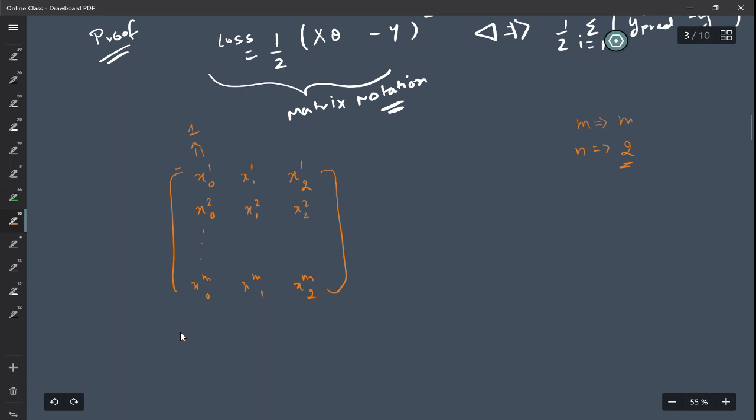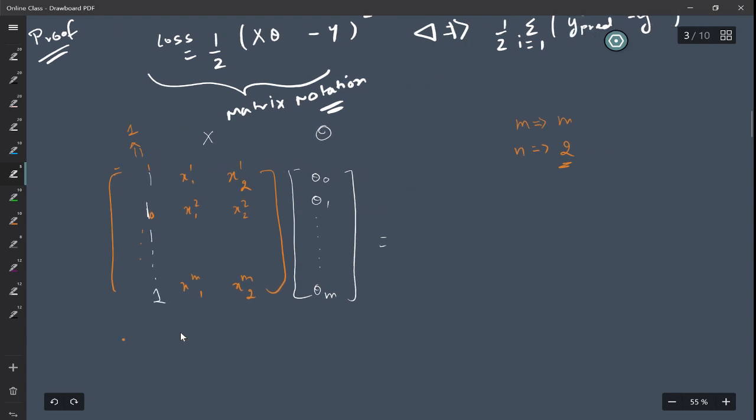So let us see what this term x theta is. I'm defining x and theta. So theta is going to be theta 0, theta 1 up to theta n. So what is the product of these two terms? Since x naught is always 1, we are writing 1 here, so this is going to be 1, 1, 1 up to 1. If you see this product, this is going to be this row into this column, and we have only 2 features, so this is going to be up to x of 2.